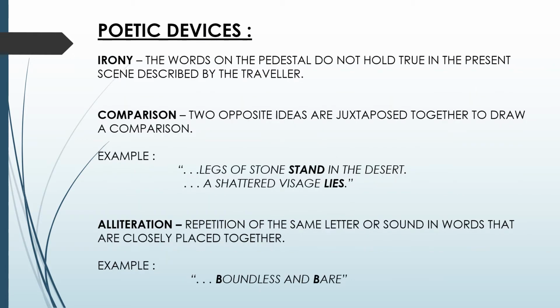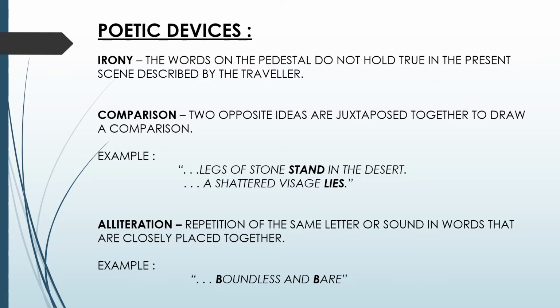Now, before we discuss the textual exercises, let us see what are the poetic devices that have been used by the poet in this poem. The very striking poetic devices that we can single out, first one is irony. The words on the pedestal do not hold true in the present scene described by the traveler.